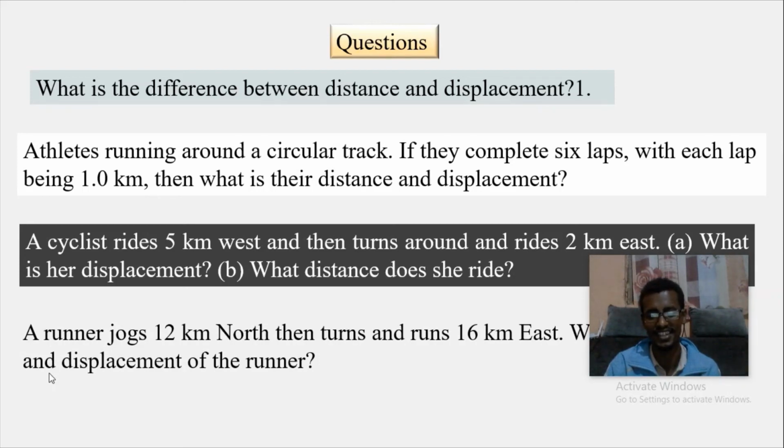What's the distance and displacement of the runner? The last question involves the Pythagoras theorem that you have discussed in Unit 1 under vector combination of perpendicular vectors. So please try to revise about vectors.